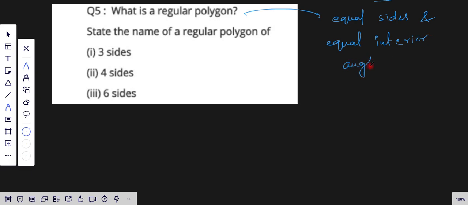When we talk about interior angles being equal, the exterior angles are equal too. Sides are equal and angles are also equal. So these are the conditions for a regular polygon.